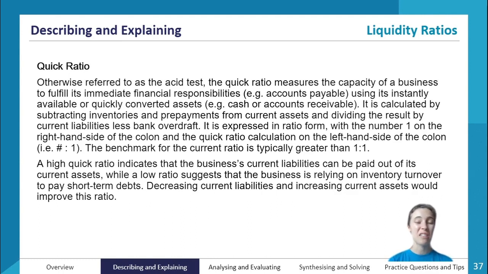It's a less stable position to be in, because if sales were to take a downturn and you weren't generating as much turnover of inventories, then you wouldn't be able to pay those short-term obligations. And of course, that would not be a good position to be in. So of course, that means that you want to decrease current liabilities, and increasing current assets would improve this ratio.